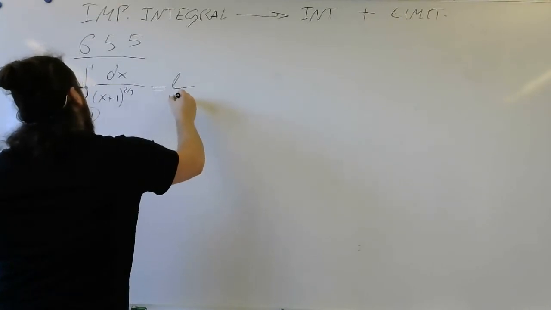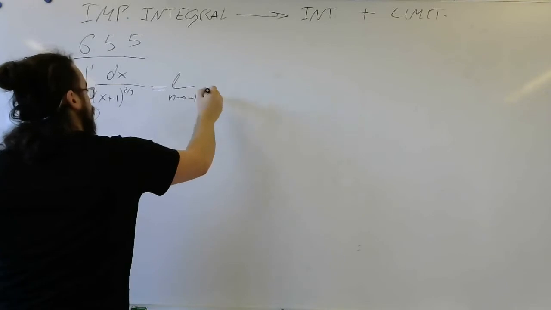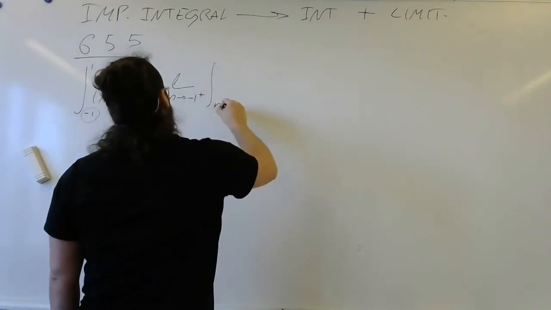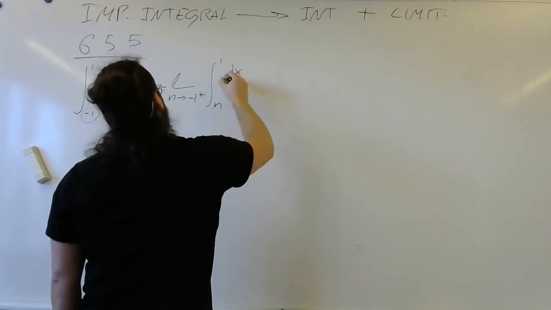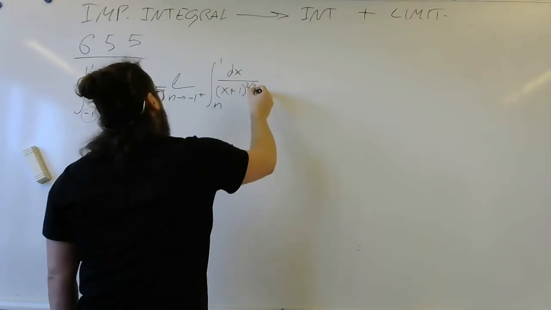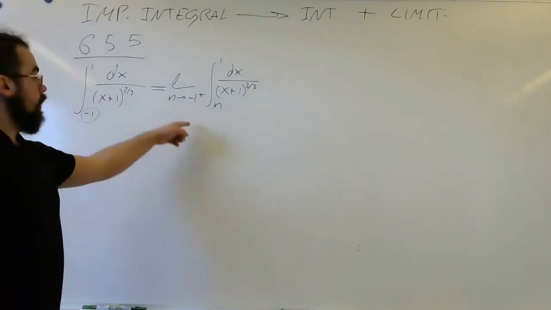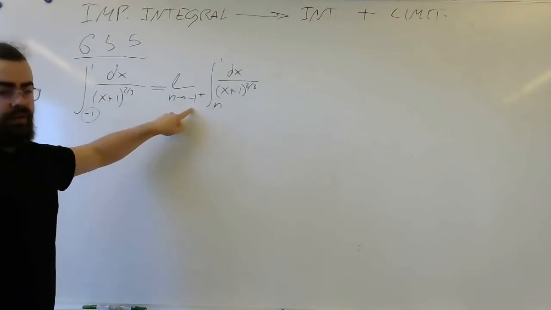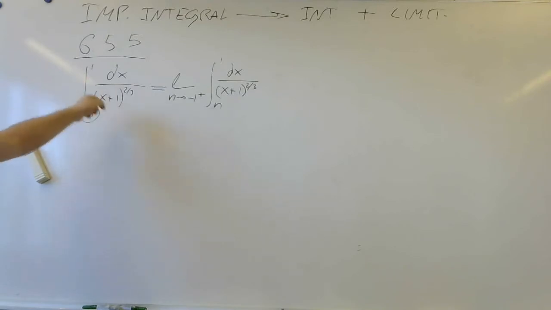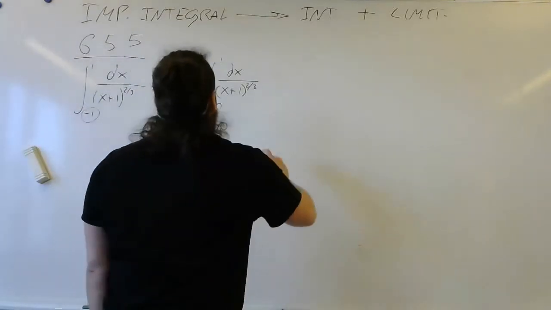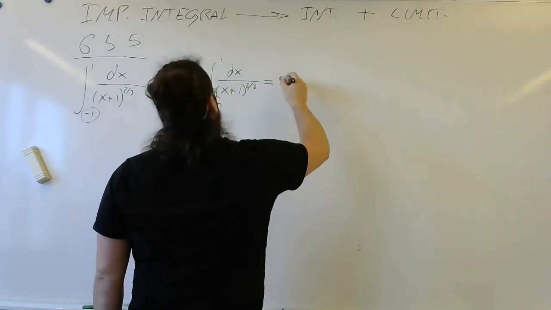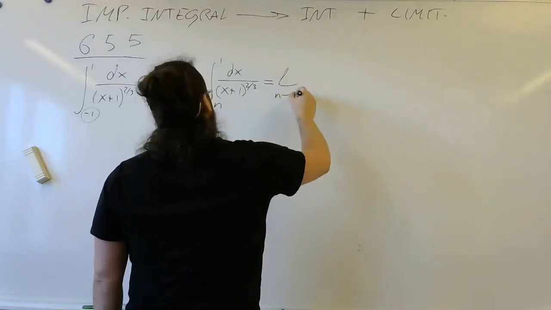So this is the limit when n tends to minus 1 of our function. It tends to minus 1 from the right because it's the lower limit. Otherwise, it would tend from the left. Now, this integral is immediate.